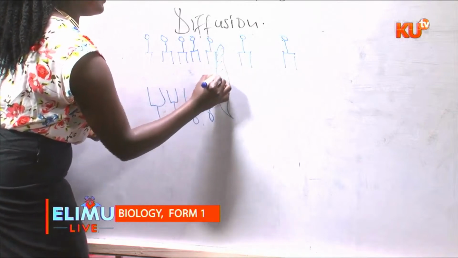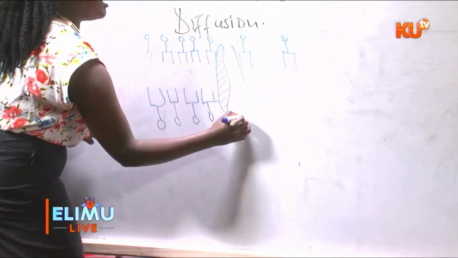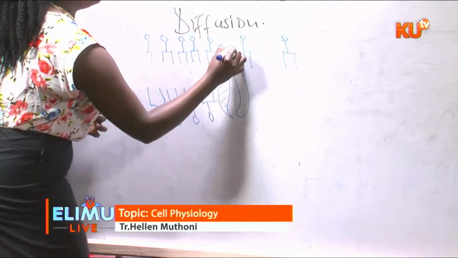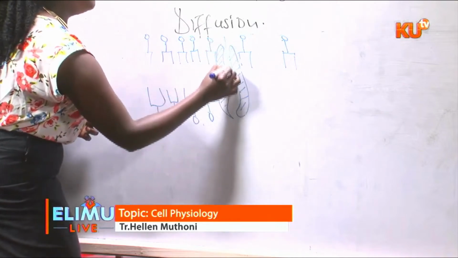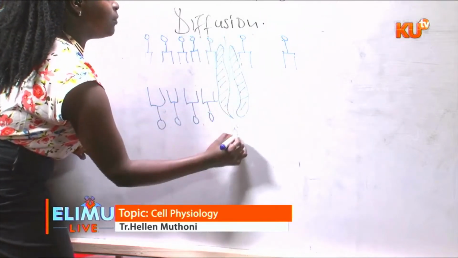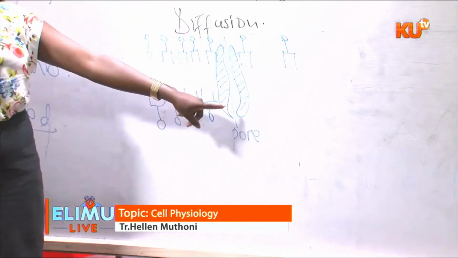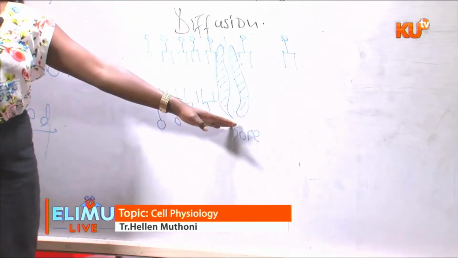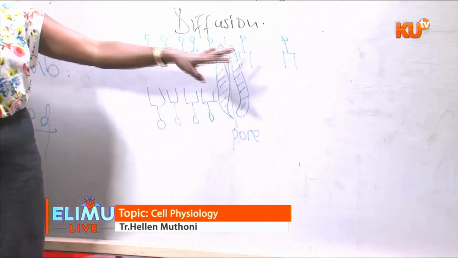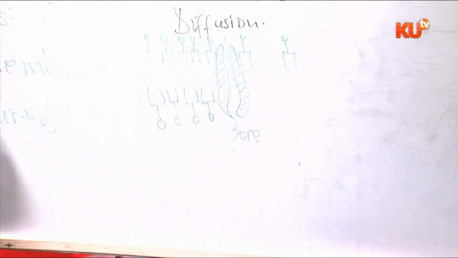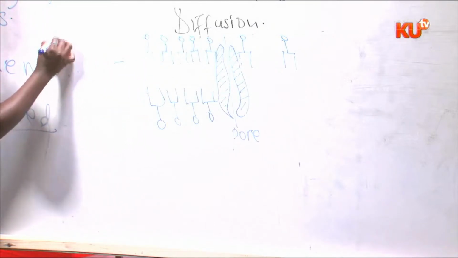So this is a protein, and on this other side is a protein. The space that is left here is what we are calling the pore. It is through this space that materials will exit the cell, and it is also through this space that materials will get into the cell. Now, this all together is what we are calling phospholipid.